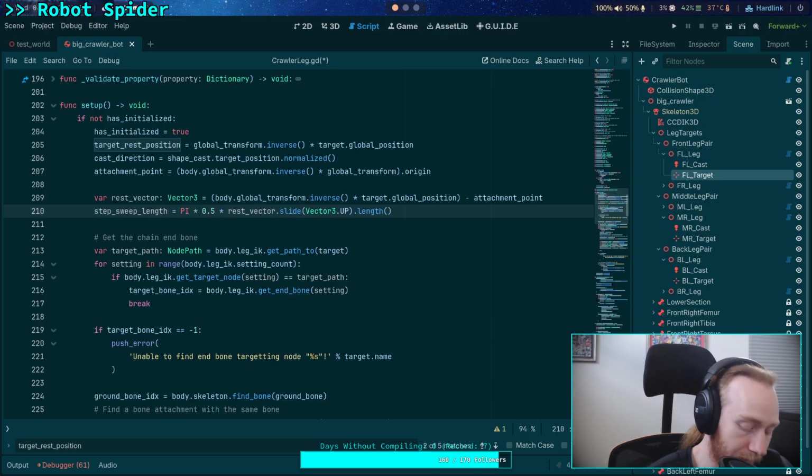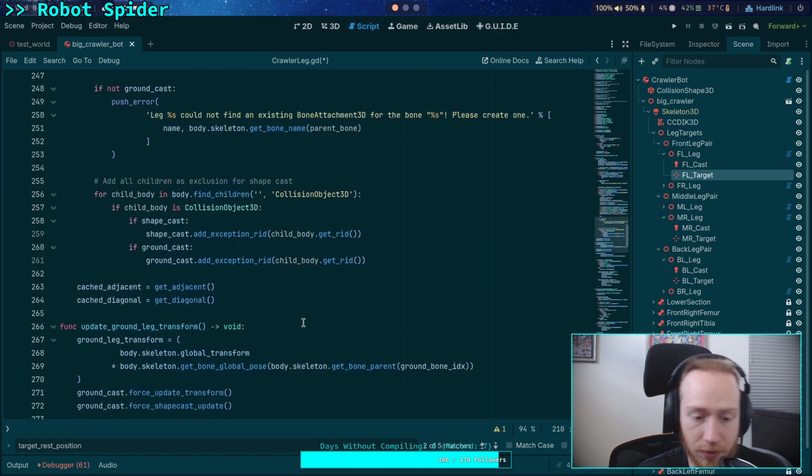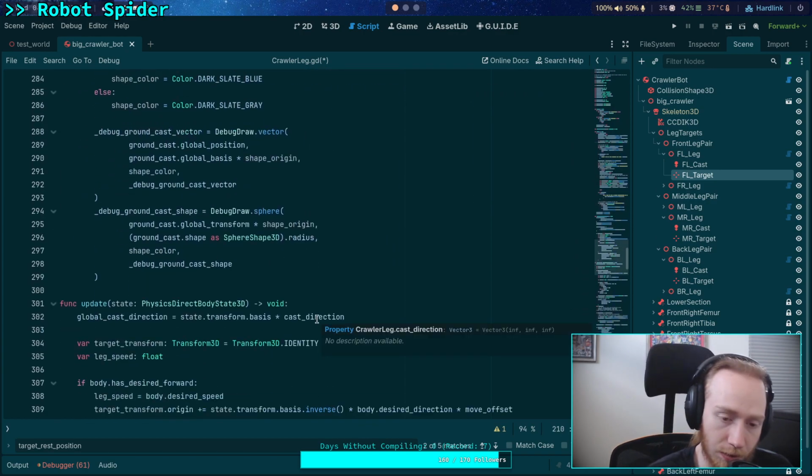Okay. So now the length of a quarter circle of this vector. And then I do leg speed over this, and then multiply that by 2 pi over 2.